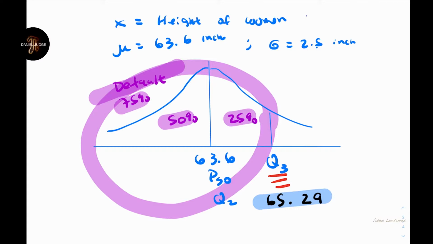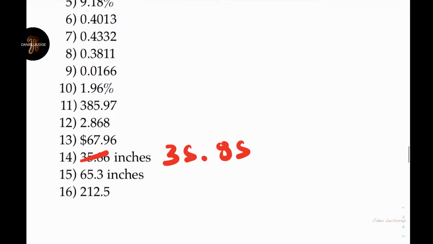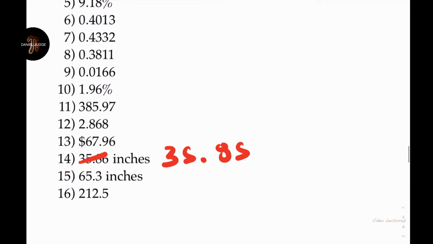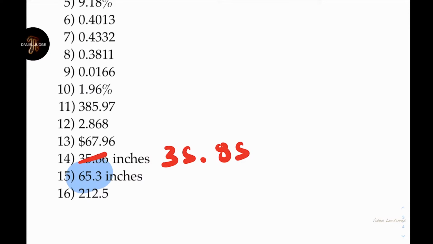Now, what that means is, to the tenths, it is 65.3 inches. So, looks like the publishers were okay on this one for number 15. That's amazing. All right.